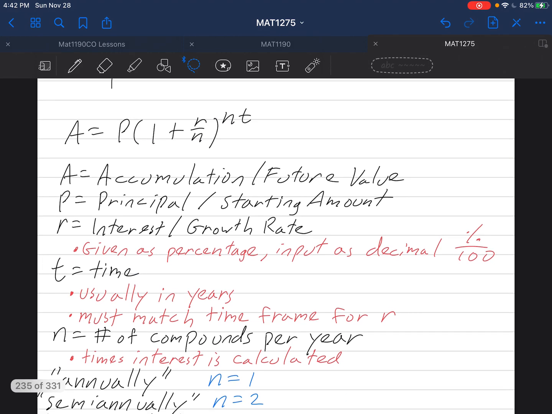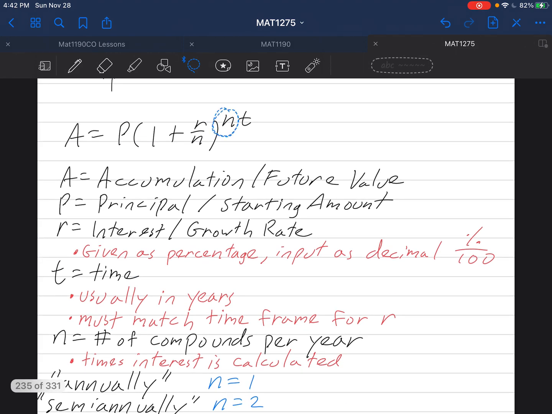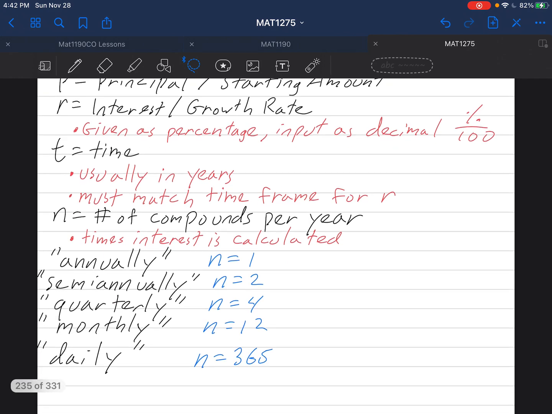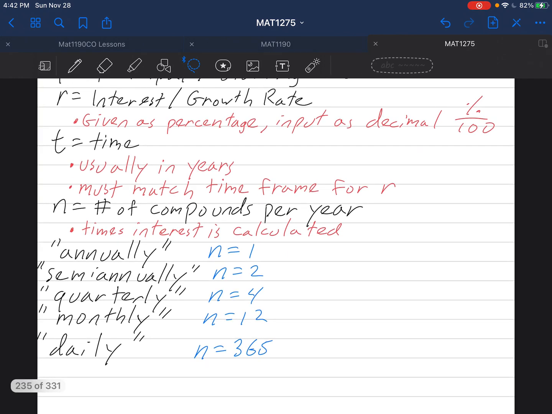So our new variable, n, is going to be determined based on words that you're going to see in the word problem itself. When the interest rate is given, it might be, for instance, 5%, followed by the words compounded, maybe compounded annually.